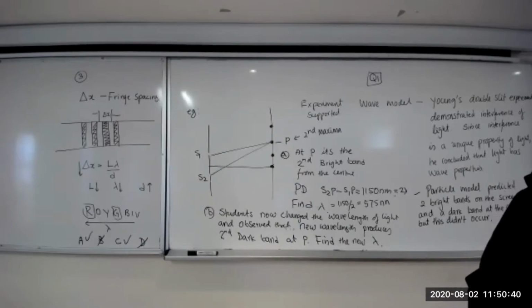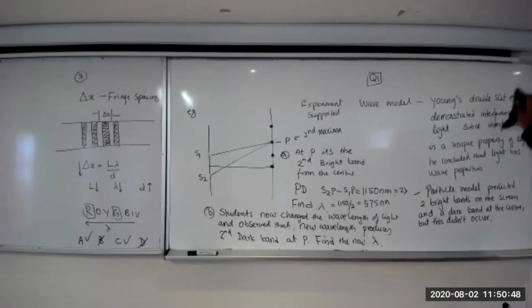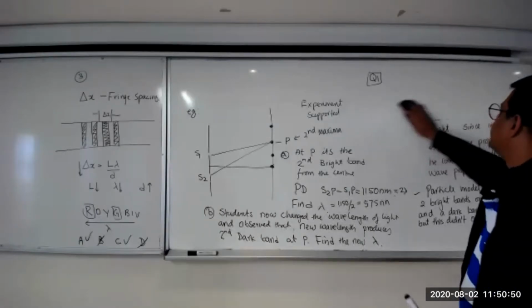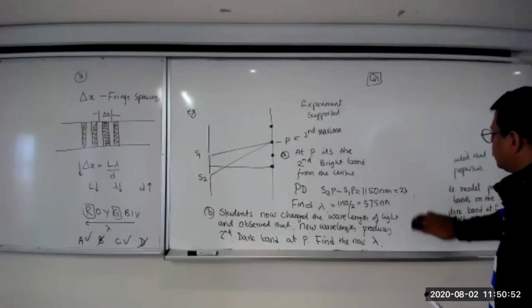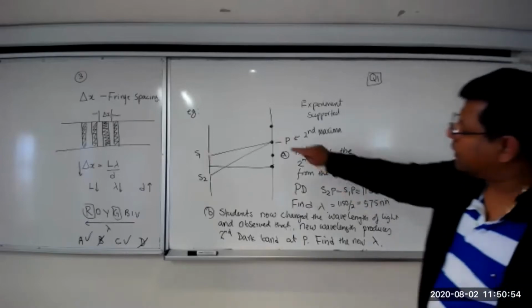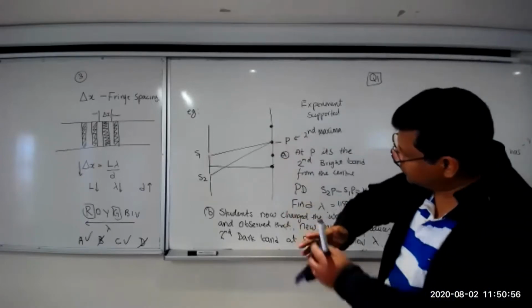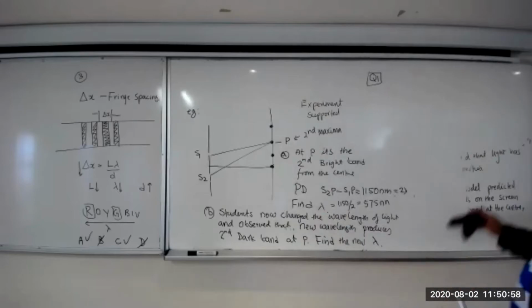The second part, yeah. 1150 divided by 2, that's good. You can see that the fringe pattern is spreading out, because your second dark band is moving out here. You have to see a longer wavelength.